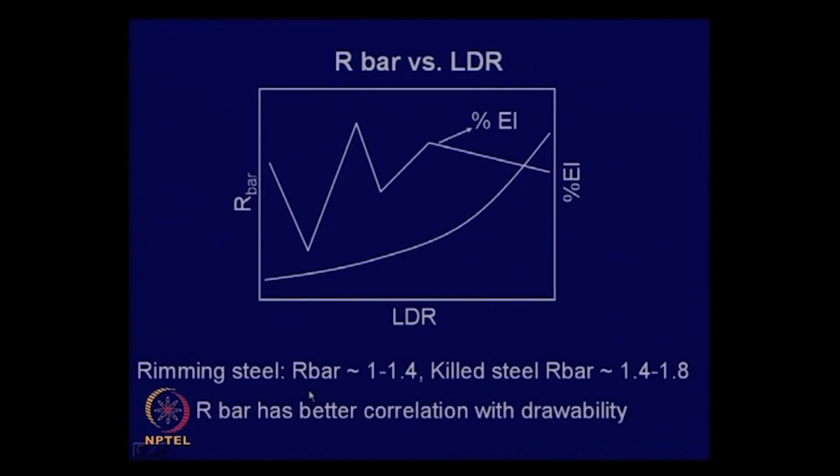Rimming steels have a relatively poor R bar, whereas in killed steel, because of the presence of aluminum nitride, the material during deformation processing develops a preferred structure, and this has a high R bar value. So, R bar has a better correlation with drawability, and there are certain extra deep drawing grade steels where it goes close to 2.